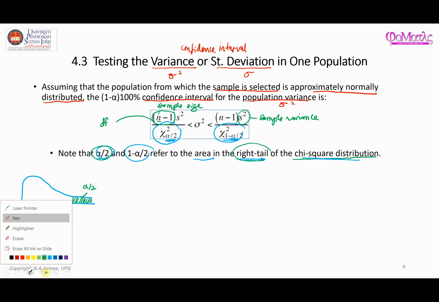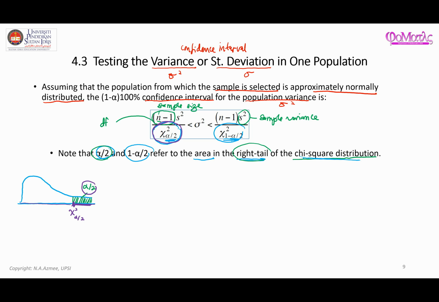And this symbol here represents a specific point on the horizontal axis. This point is called chi-squared alpha over 2 because it gives the area from this point to the right. From this point to the right, the area is going to be alpha over 2.